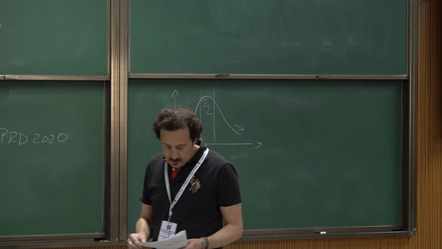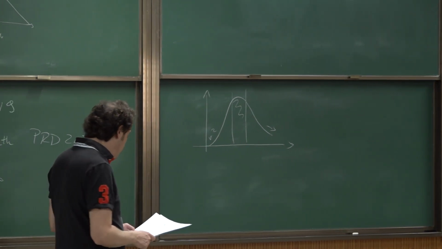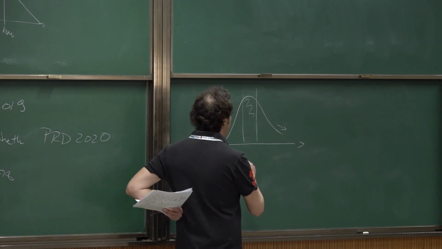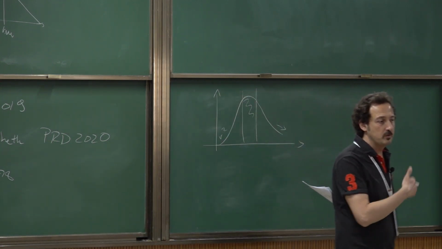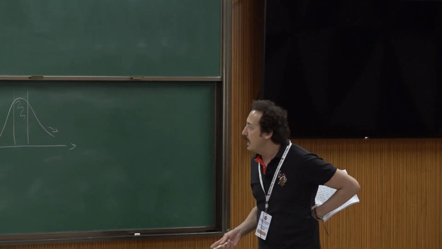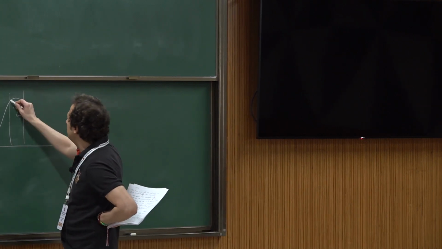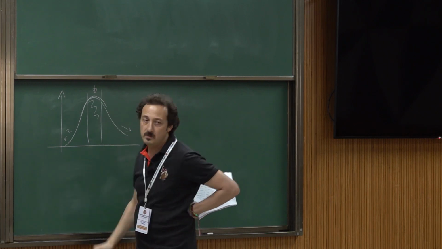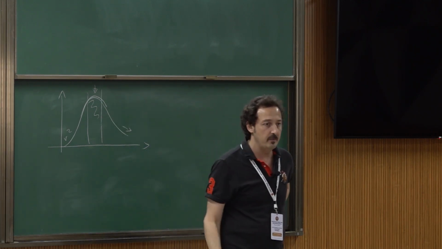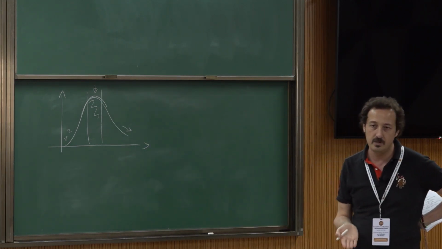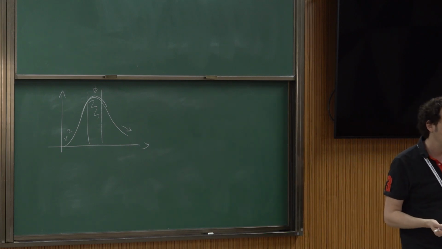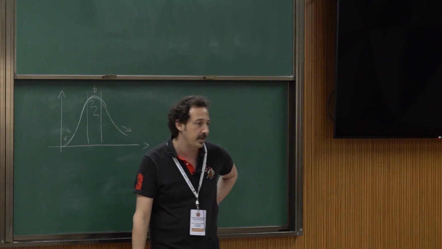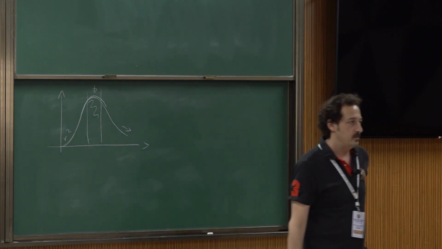So the idea we had is that instead of using the full compaction function, with the full shape, we take a base of functions that approximate the compaction function around the maximum, like a Taylor expansion around the maximum, so it will depend only on the second derivative, the curvature of the compaction function, and this base has to have the physical condition that it approaches 0 like R squared.